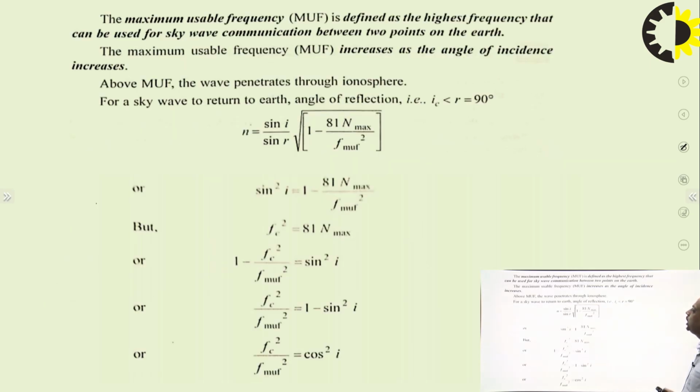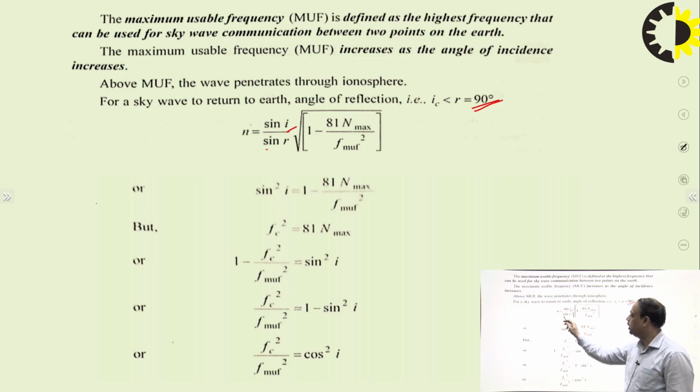For calculating the maximum usable frequency, i is the incident angle, but for reflecting back, r must be equal to 90 degrees, so that total internal reflection takes place. Then n is equal to sin i by sin r.